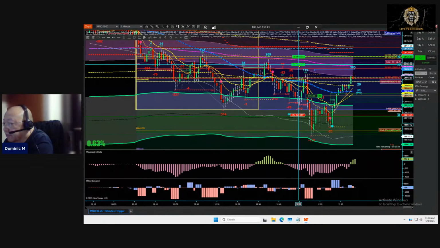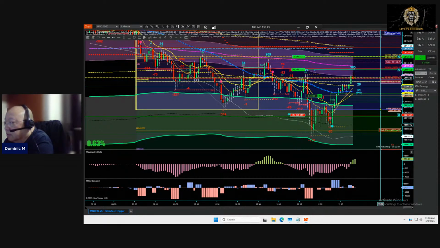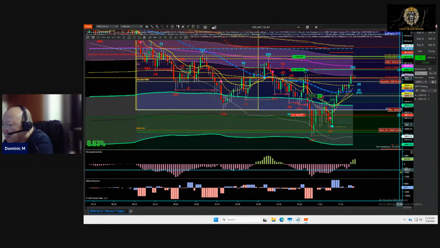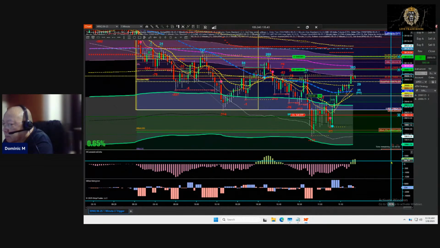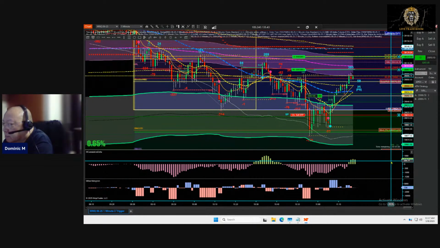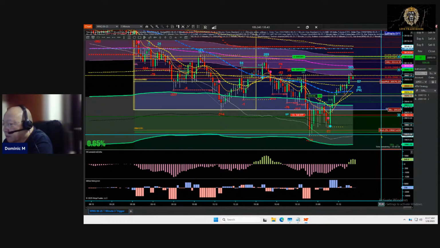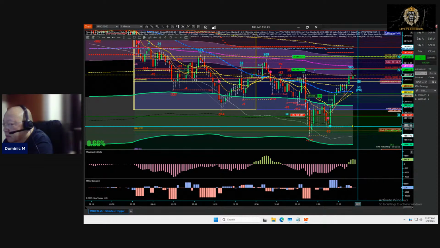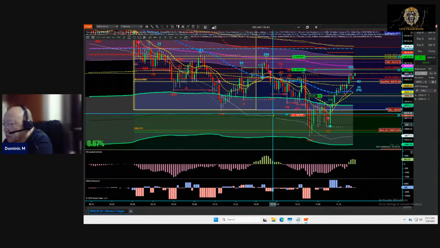I get it down to the 50% here. We have a pivot, so let's see. Right on there. Okay, we closed above the prior candle. So you can get 1,000 here at least.